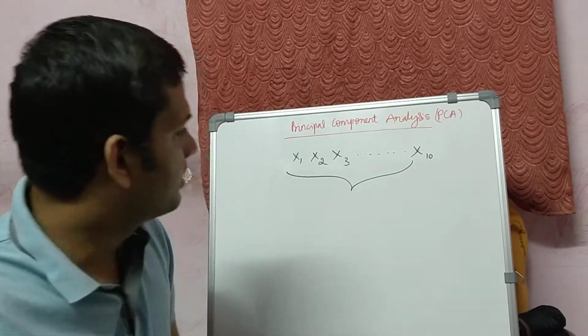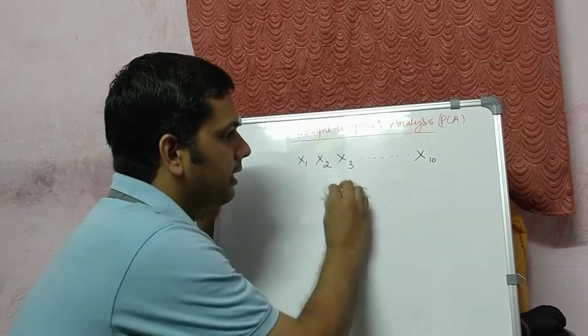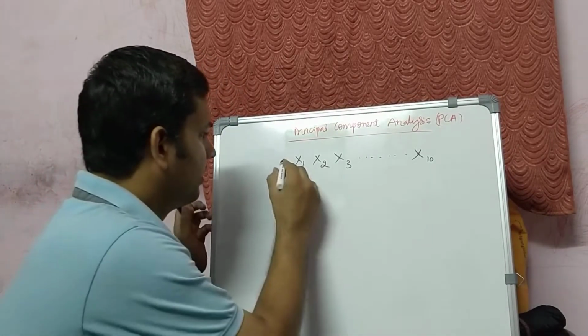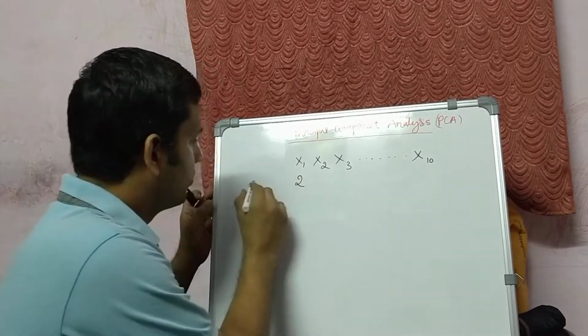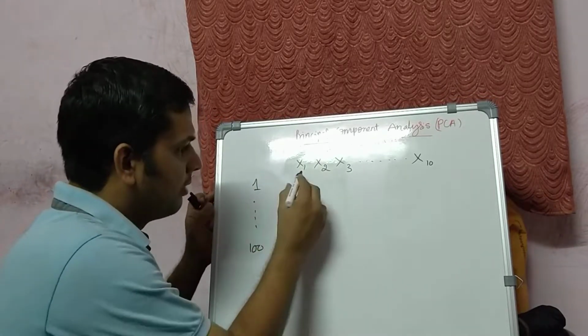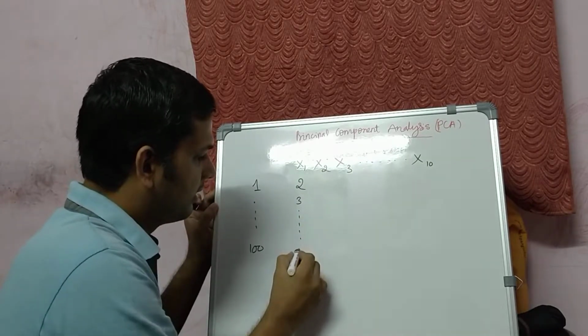So let's take this example. We have 10 independent variables or 10 features, and around 100 observations. Let's say for the first observation x1 is 2, the other one is 3, like that 4.